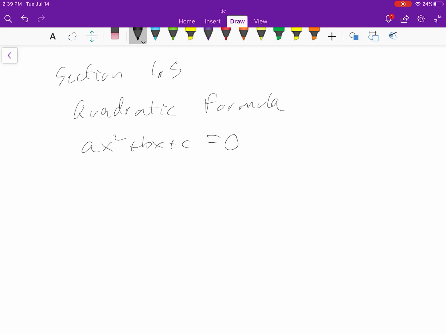So you remember, this is good review for the steps for completing the square. The first step was divide everything by a. So I'm going to divide everything by a. Right? I divided everything by a. Next step was to move the c over a to the left-hand side, the constant term.